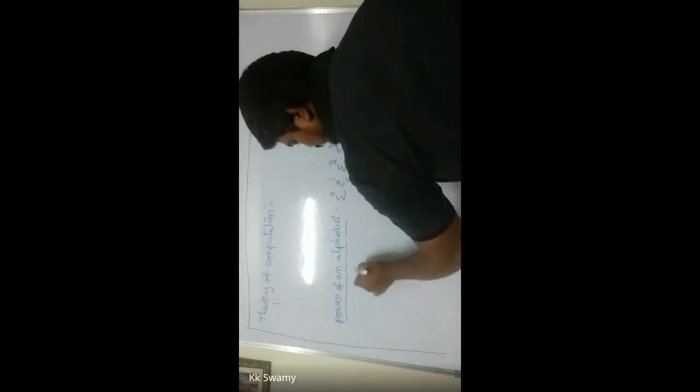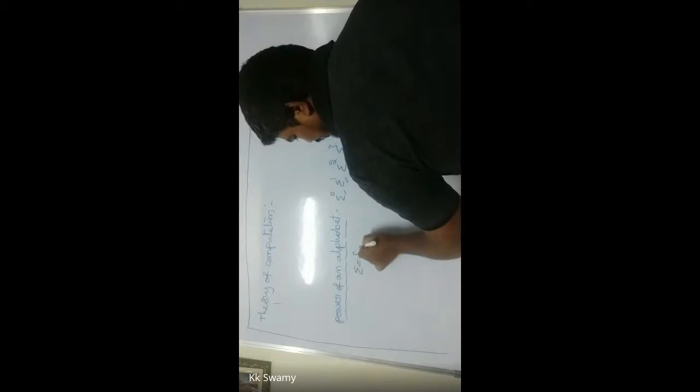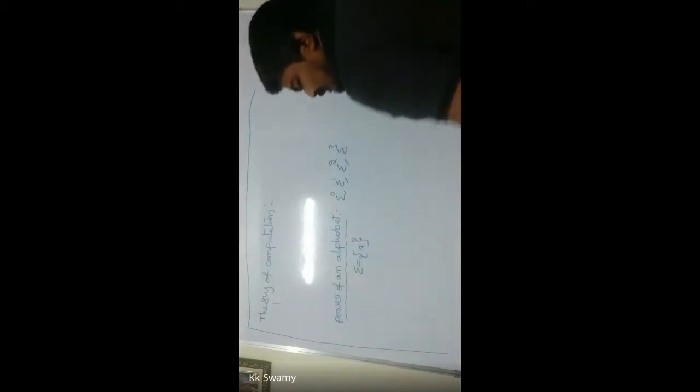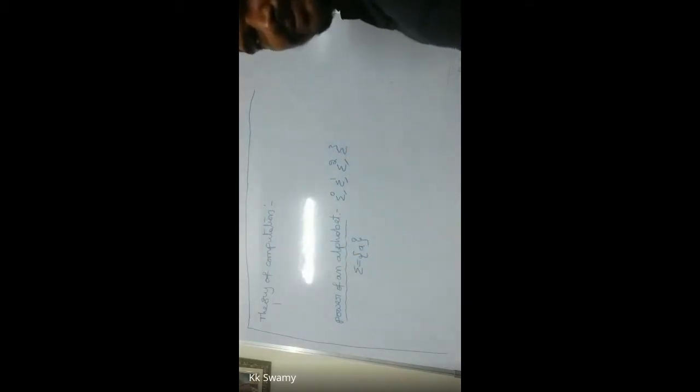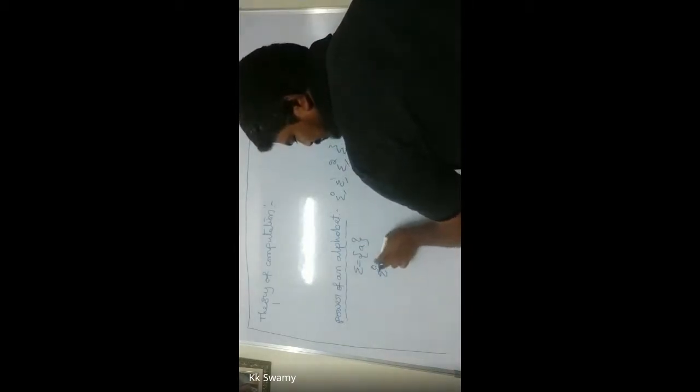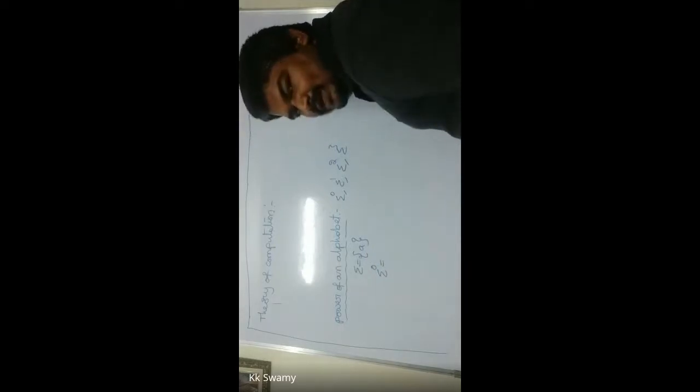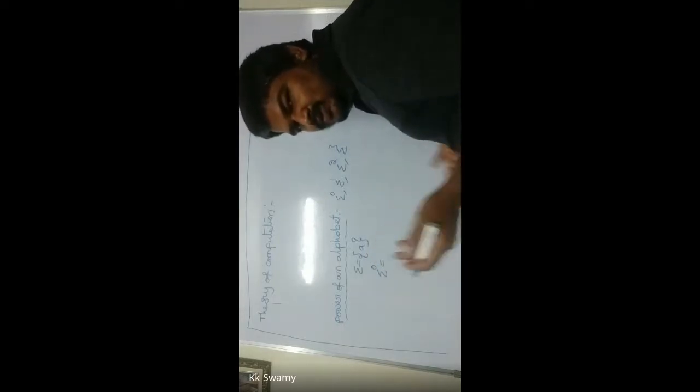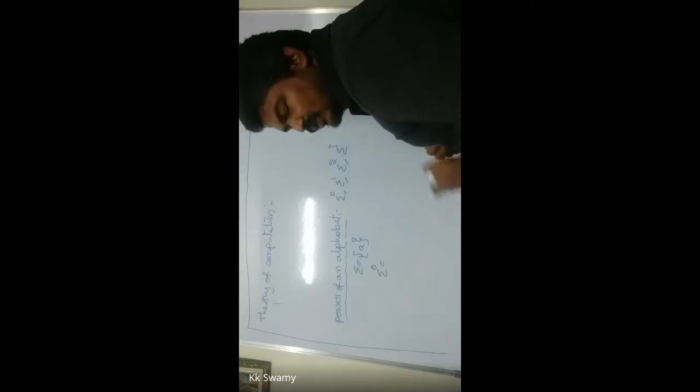Suppose sigma equals A. Here the alphabet is sigma equals A. Now, what about sigma power 0? It means the length of A is 0, that is, there is no A. How to represent it in formal languages?